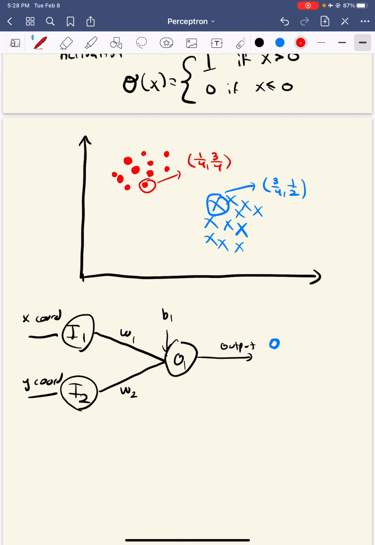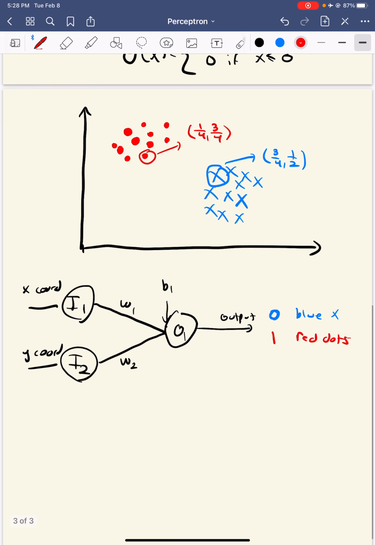It might not pictorially look like that, but it's close enough. So I'm going to assign 0 to be blue X's, and I'm going to assign 1 to be red dots.